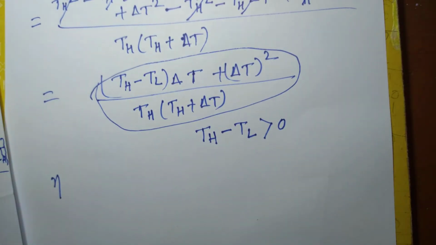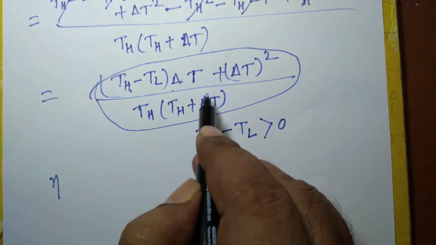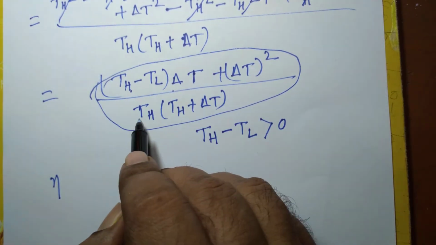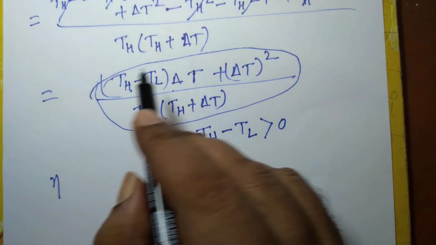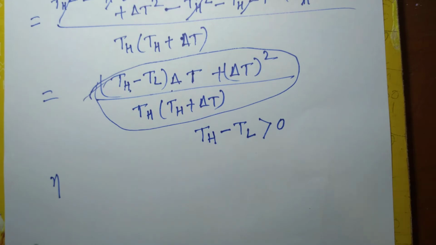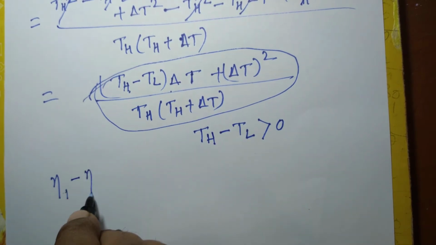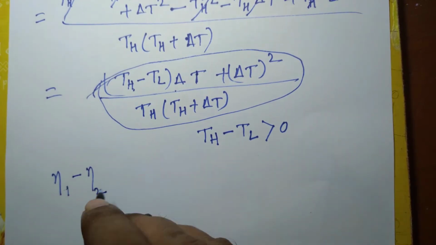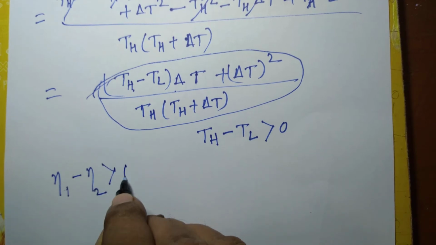Delta T is greater than 0 and TH is greater than TL, so TH minus TL is also positive. So the numerator is positive and the denominator is also positive. This whole term is greater than 0. That means efficiency 1 minus efficiency 2 is greater than 0.